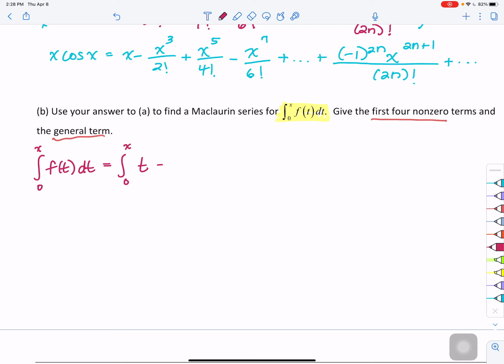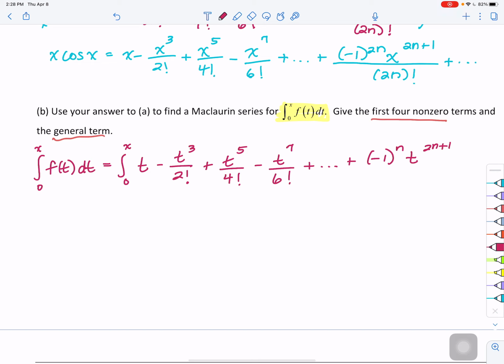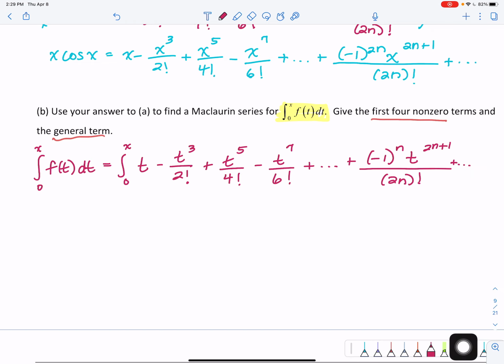So we had t minus t cubed over 2 factorial plus t to the 5th over 4 factorial minus t to the 7th over 6 factorial plus dot dot dot plus negative 1 to the n t to the 2n plus 1 all divided by 2n factorial plus dot dot dot, and then of course we have this dt.